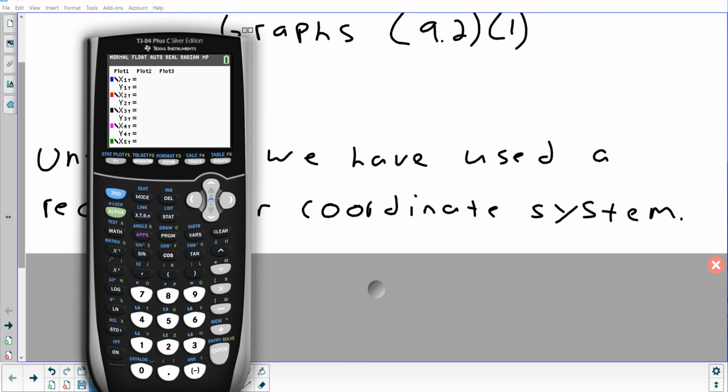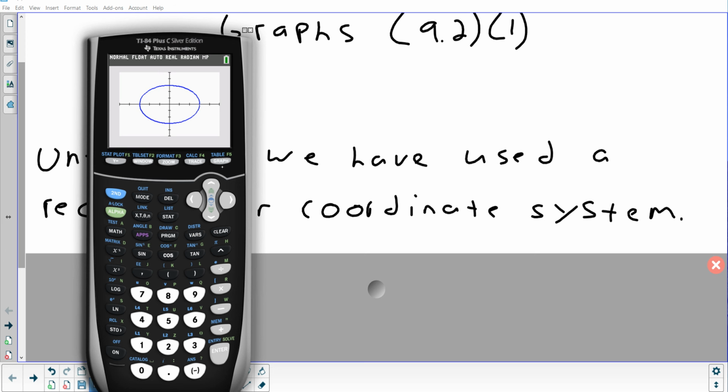In parametric, if you want to draw a circle, you could type in something like this. 3 cosine t, 3 sine t. Set your parameters 0 to 2 pi. And this is a circle with a radius of 3. So I'm going to go negative 5 to 5 and negative 5 to 5 and hit graph.